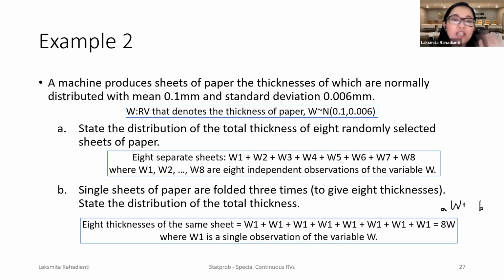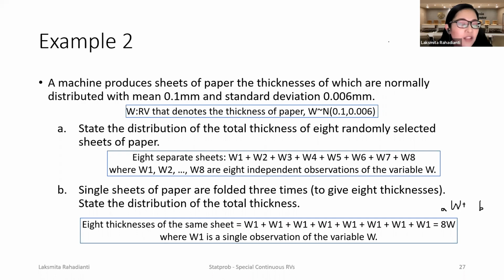So these two problems, A and B here, are very different, although in the end, you are computing the exact same thing. So keep in mind that in that previous example, you need to think about the independence of the random variables as well as the individual distribution.